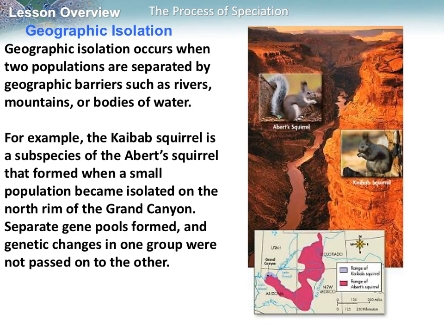So they both live in similar regions. Here we have the Abert squirrel population area, and then here in this little light purple area, the Kaibab squirrel.